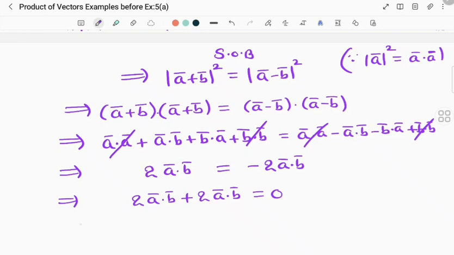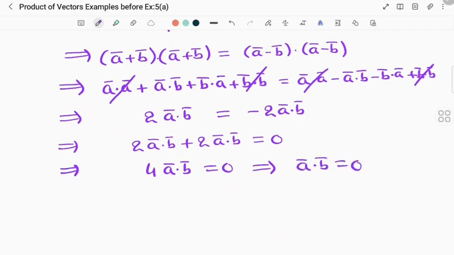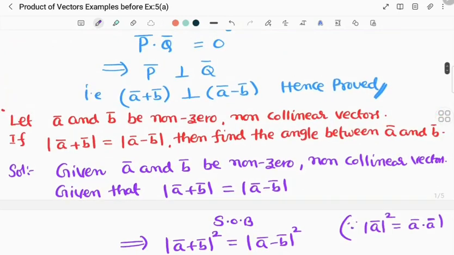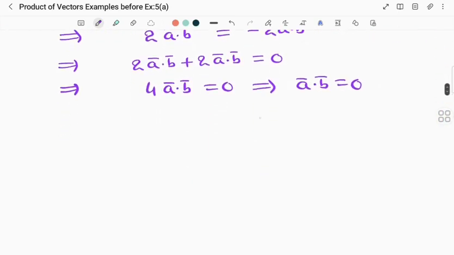So that means 4 times a bar dot b bar equals 0. That implies a bar dot b bar equals 0. Whenever the dot product is 0, the two vectors are perpendicular. That is, a bar is perpendicular to b bar.